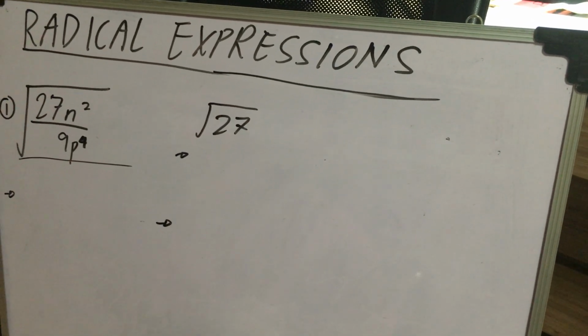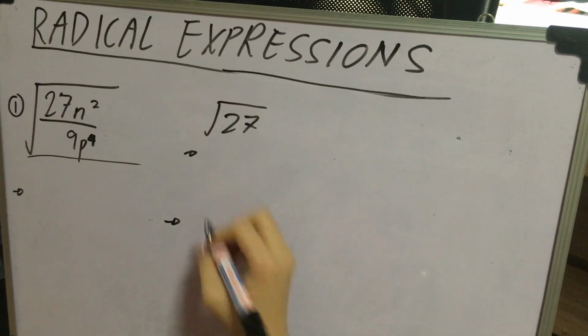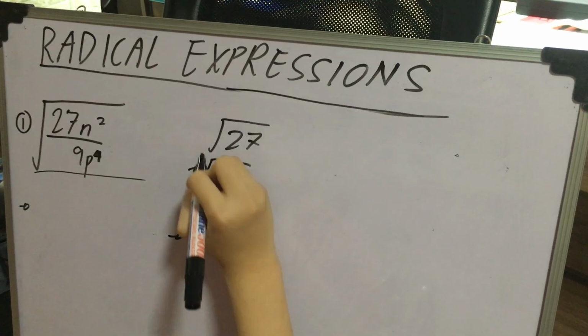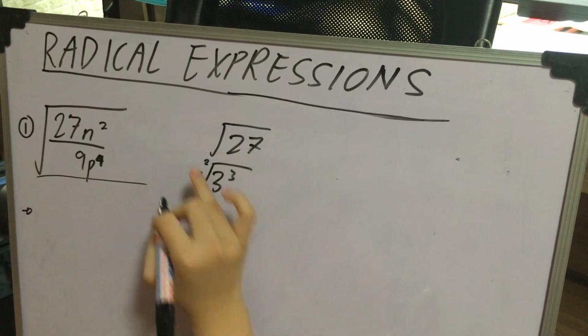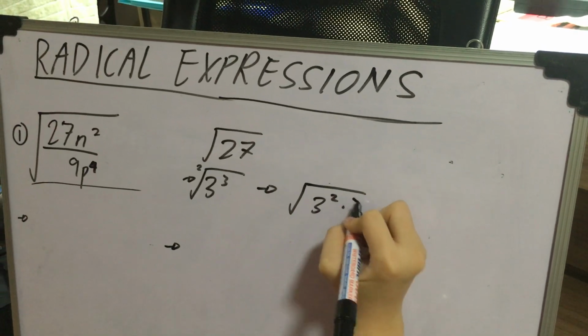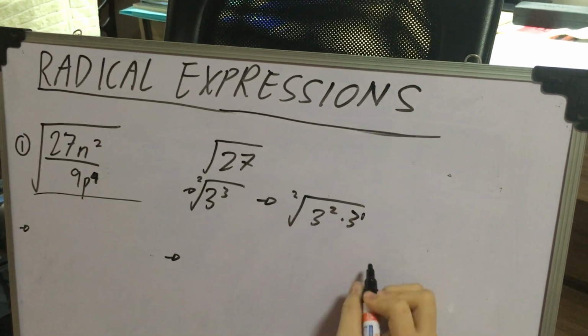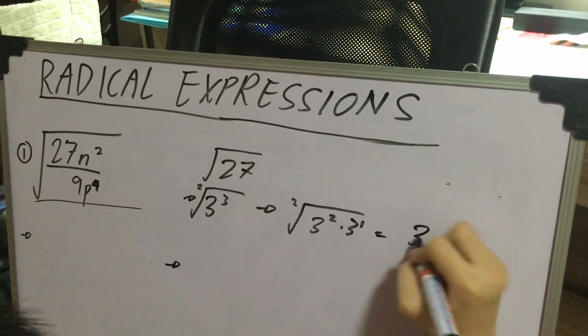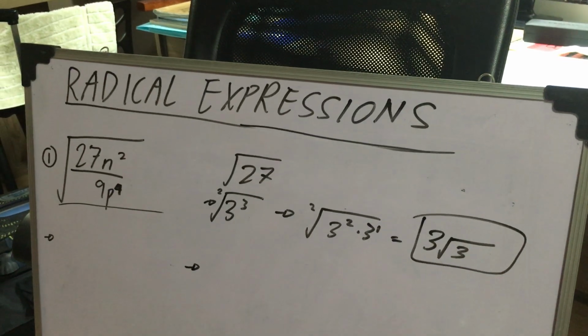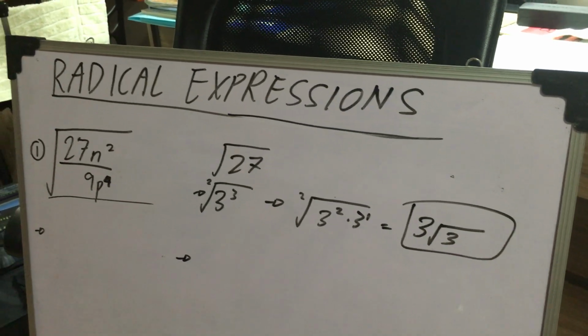It's not a perfect cube. Actually, no. It is a perfect cube. But it asks here for a square, so it's still possible to answer. But rather it would be this. That would be the answer for 27.